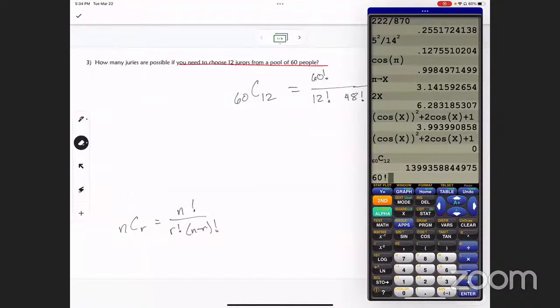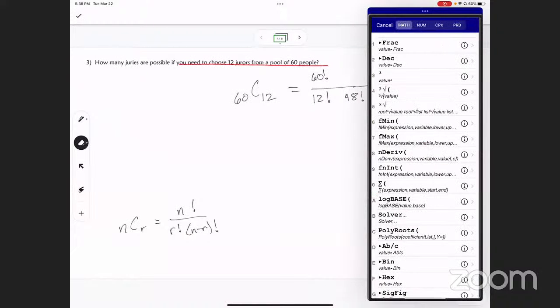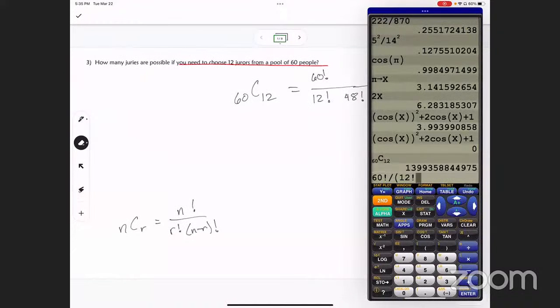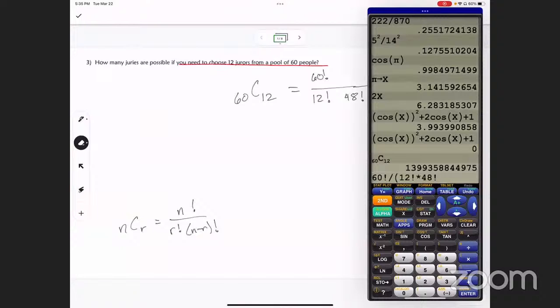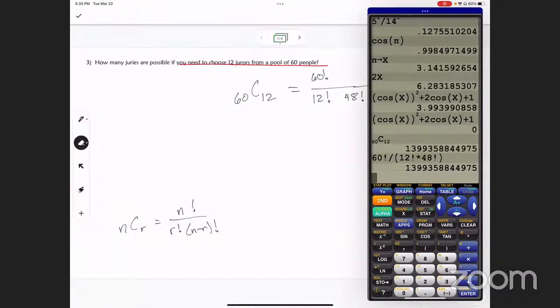So there's 60 factorial divided by, and then you'd have to put parentheses around it so you don't mess up, 12 factorial times 48 factorial. And see how I got the same answer? Yeah. So just use the shortcut.